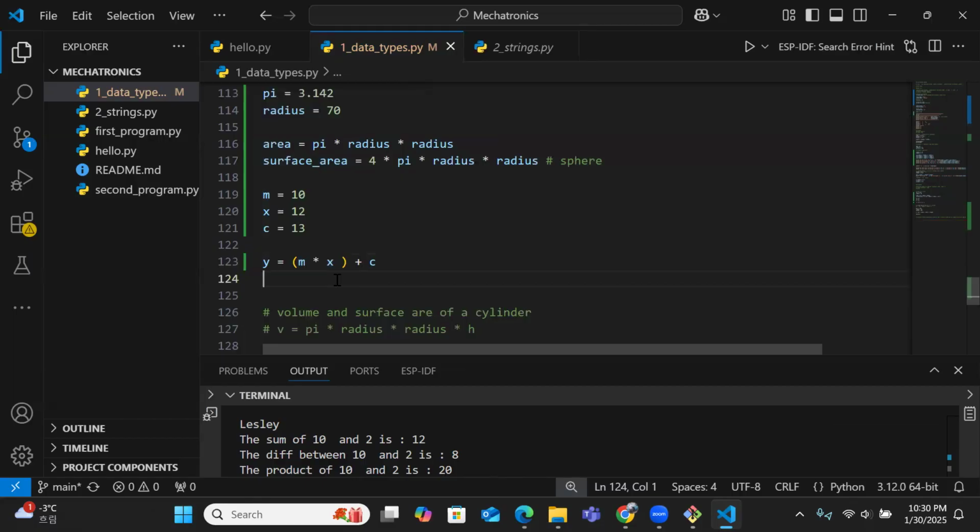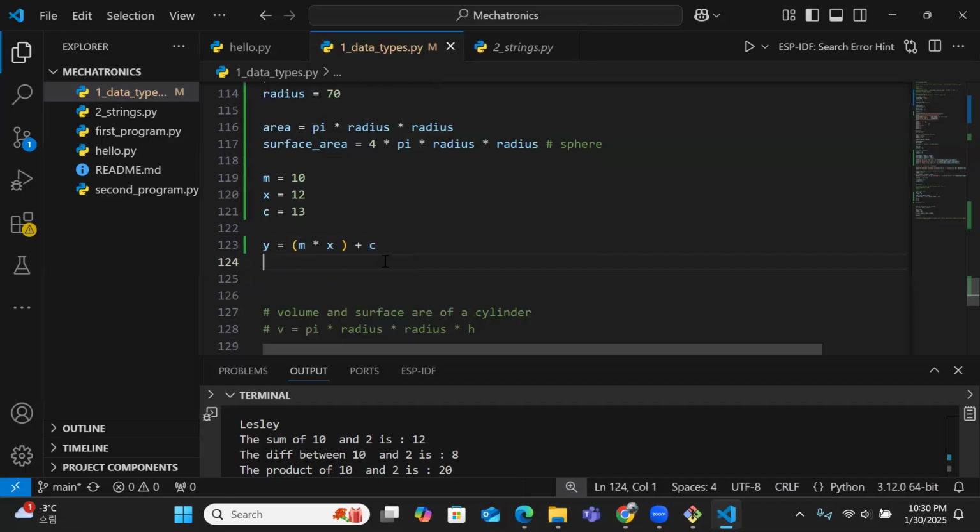It's not a must, but it looks neater, so that you know that is one factor. A linear equation has the coefficient of x, which is m times x, and then the constant.